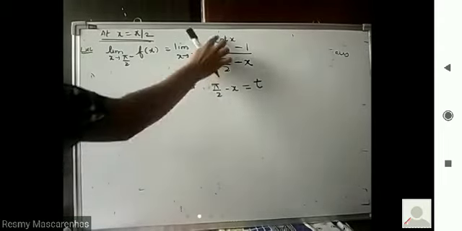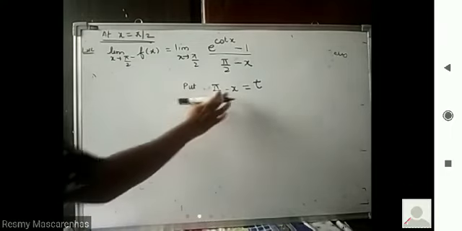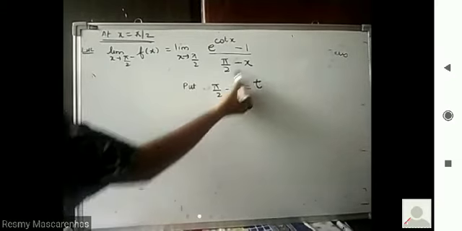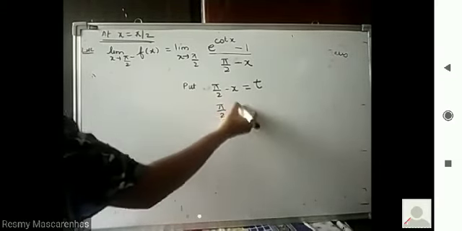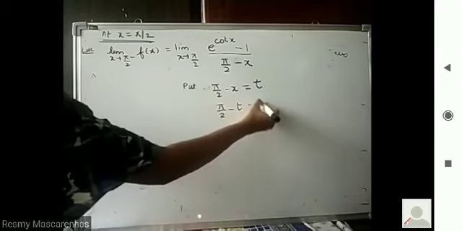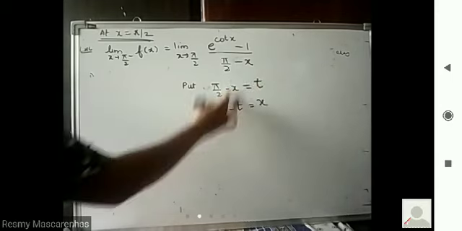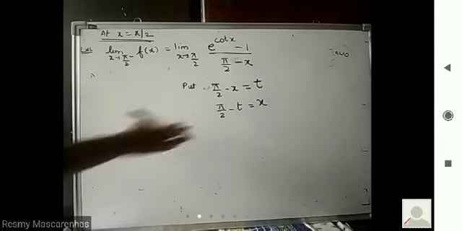Now I want to resubstitute here, everything should be in terms of t. So that's why I should know what is the value of x. So you bring t this side, x you take on the other side. So pi by 2 minus t will be equal to x. I want to know the value of x for my substitution. So this will be a step.